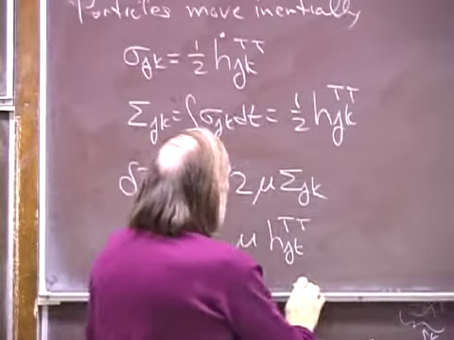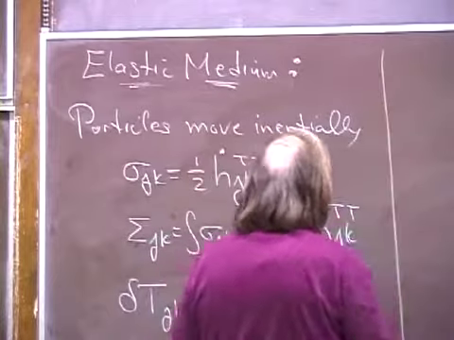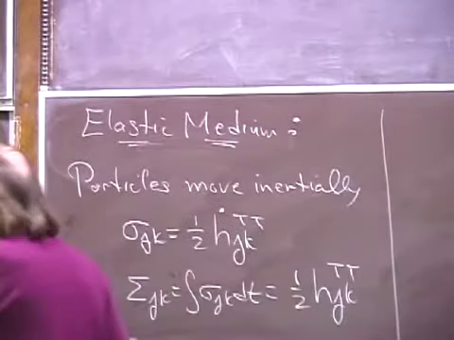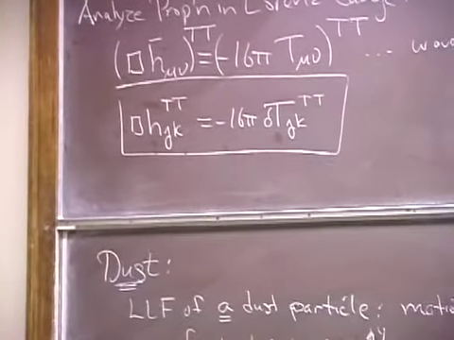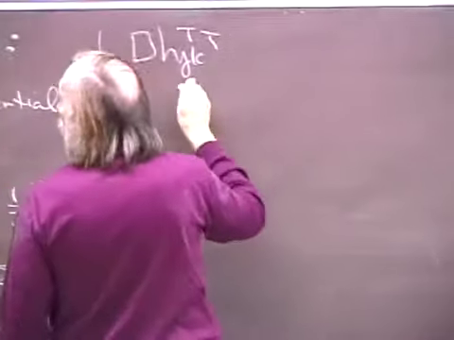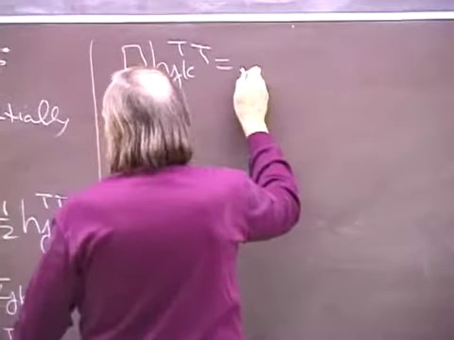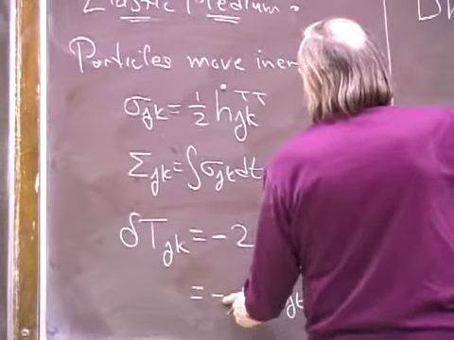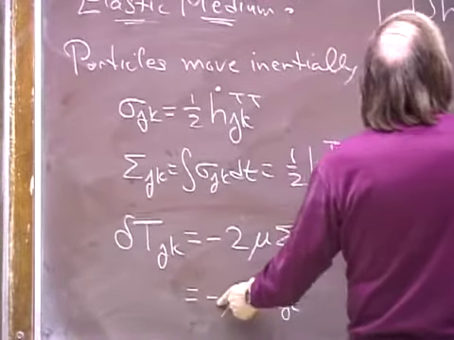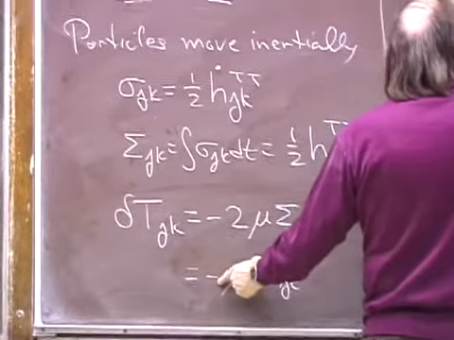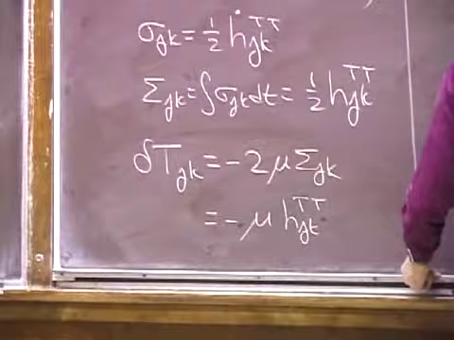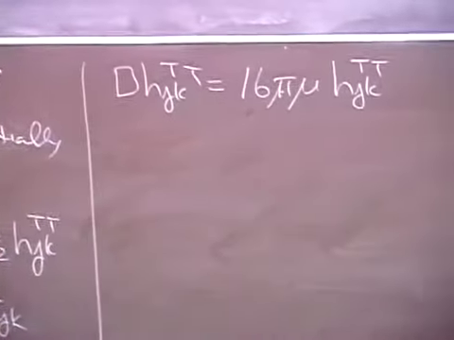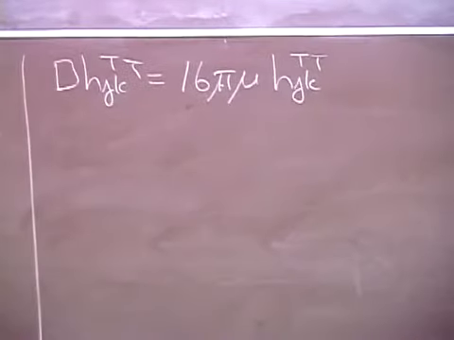That means the Einstein field equations, which take the form of this wave equation for the gravitational wave field, have that minus sign cancel this minus sign, and you have plus 16 pi mu times hjk transverse traceless without any time derivatives on it.